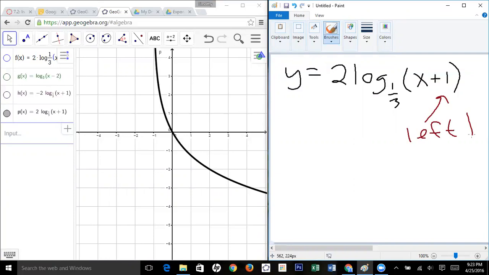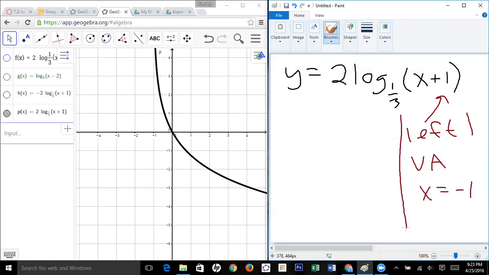Anytime we have the x on the inside of the parentheses of a logarithm, we go opposite of what the sign tells us to do. So in this case, we're going to go left one value. So our vertical asymptote will be at the line x equals -1. So that line is going to create a boundary for our graph.